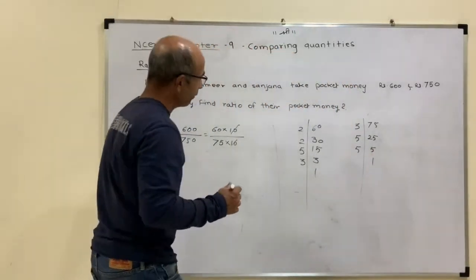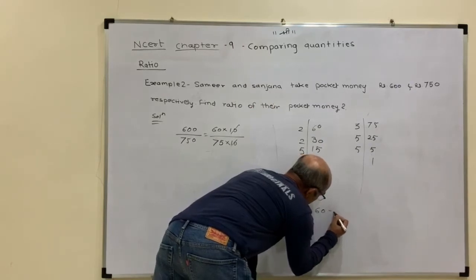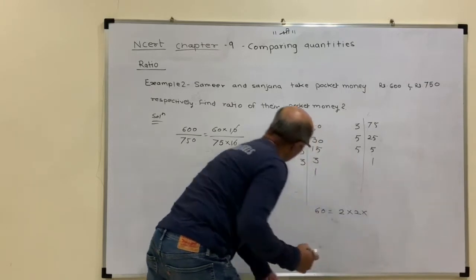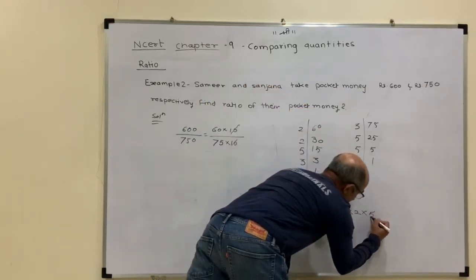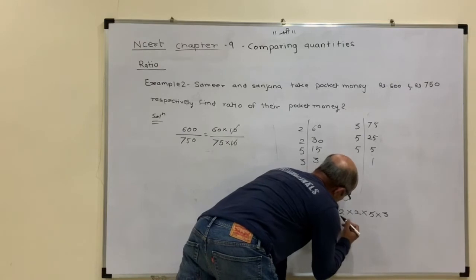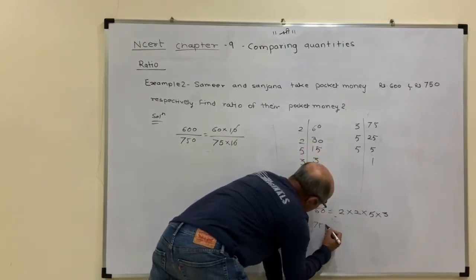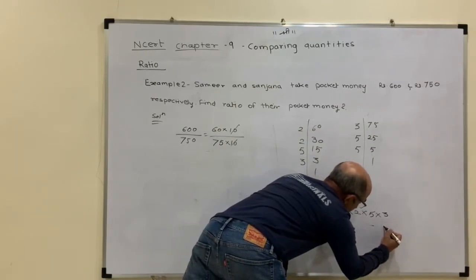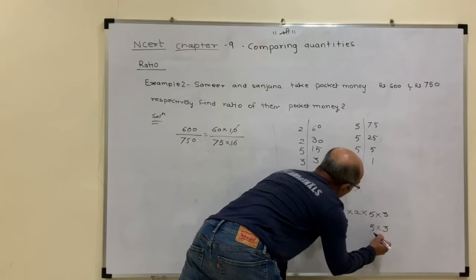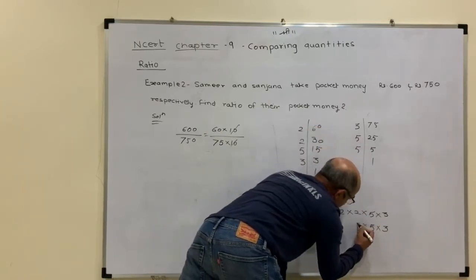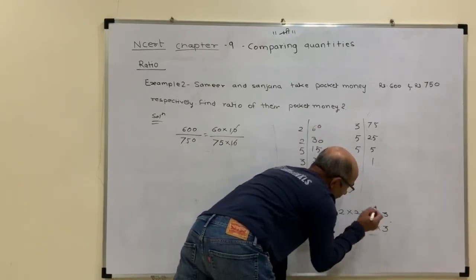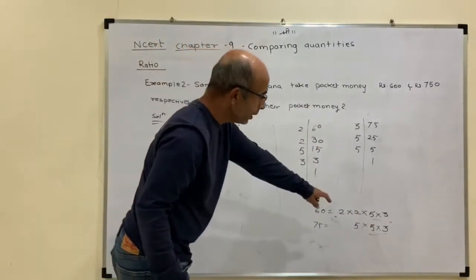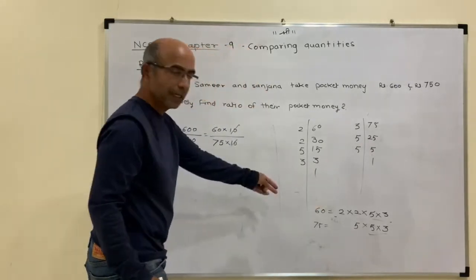So now 60 equals 2 into 2 into 5 into 3, and 75 equals 3 into 5 into 5. So we can say this 15, which is 3 into 5, is the HCF of 60 and 75.